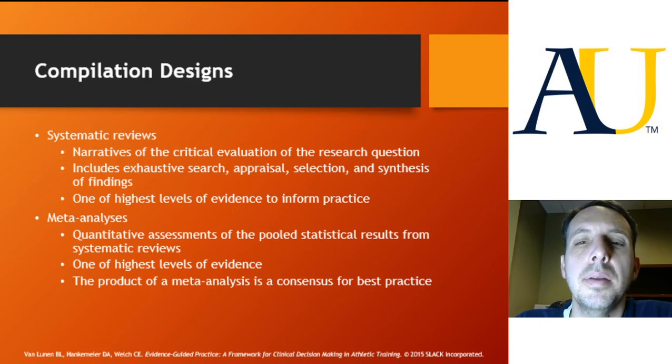Meta-analyses do the same thing, but now pool the statistical results from each of those articles and then rerun the statistics, creating a situation where you have a much larger patient population that was tested, thereby minimizing the chance of other errors or other variables.